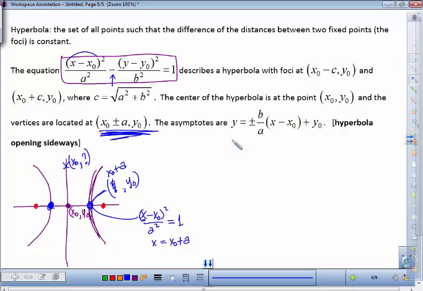All right, the last thing about this is that there are some asymptotes. There's a line, the line passes through the point x naught comma y naught, and it has slope, well, either b over a or negative b over a.